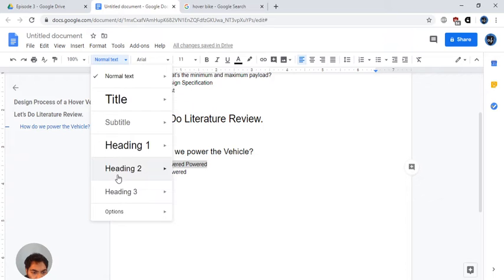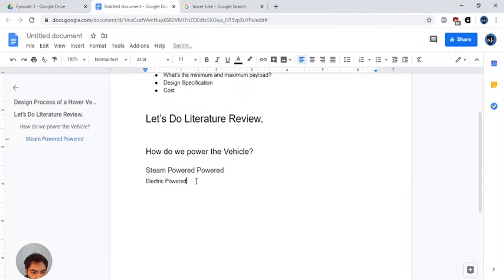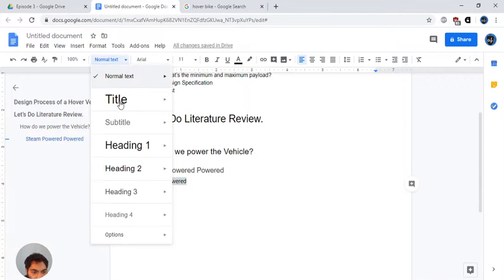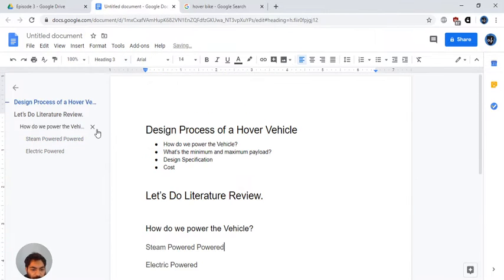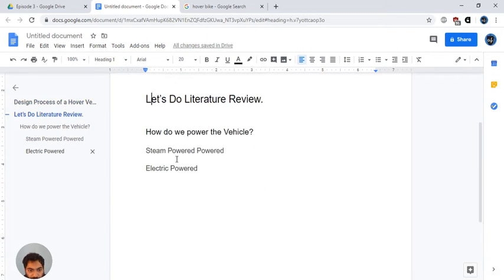This one is going to be heading 3. So it makes it easier for me to navigate. These are only the 4 parameters. I know there are more, but I want to streamline the process.